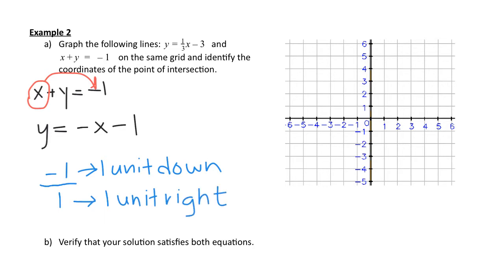In order to start graphing, I'm going to start by identifying my y-intercept value. In my equation, my y-intercept is negative 1. So on my grid, I'm going to go to my y-axis, look for the number negative 1, and place a point there.